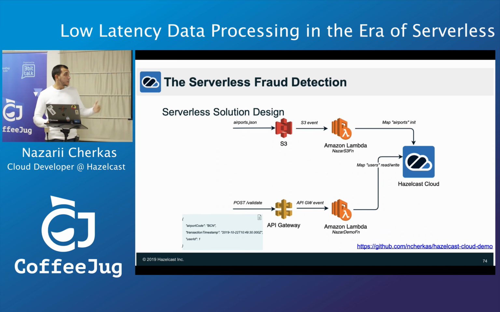Another Lambda function will be subscribed to API Gateway and will be receiving the actual payment transactions. It will use the airports data that we imported to the Hazelcast cluster, will be saving user history, and will be using this user transaction history to calculate the actual fraud detection.